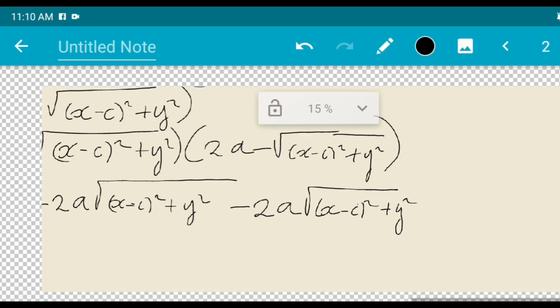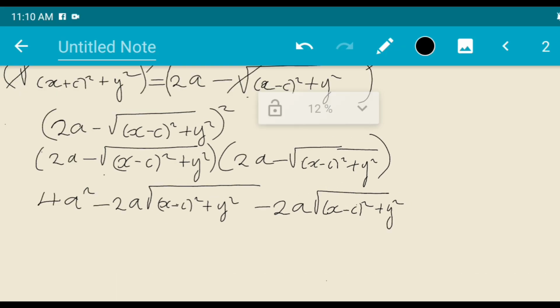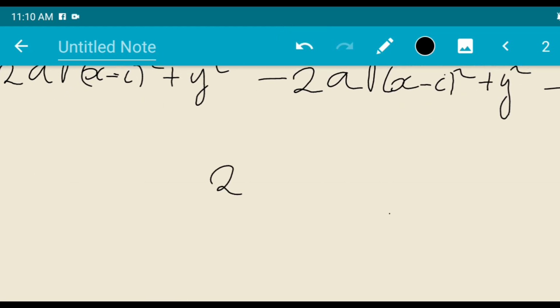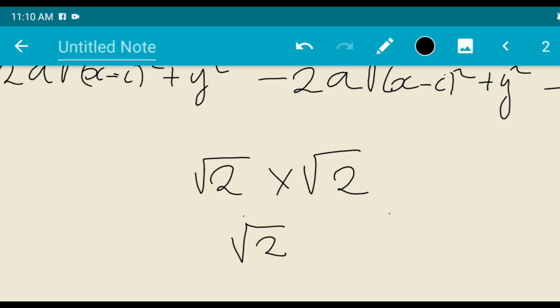Then we say this whole thing times this whole thing, including the negatives. Negative times negative will of course give us a positive. Now before I multiply, think of this as the square root of 2 times the square root of 2, which is the square root of 2 squared.